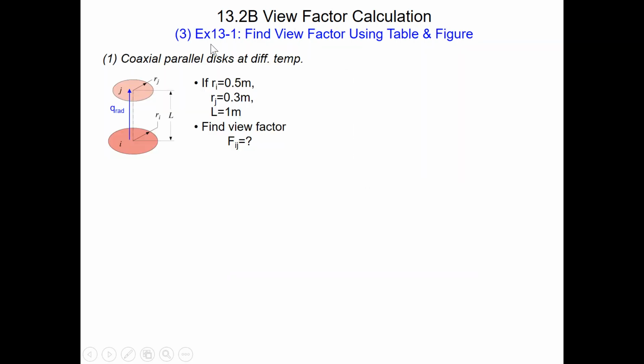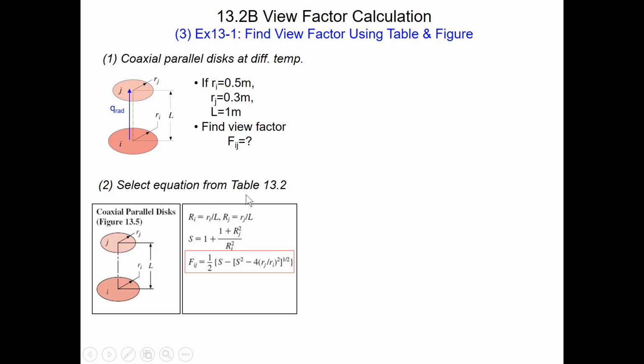Now let's use example 13-1 to show how to find a view factor by using table and figure. First, there are coaxial parallel discs at different temperatures Ti and Tj. Therefore, there is a radiation heat flow. That's the reason we're interested in finding view factor F between surface I and surface J. We know the radius for both discs and the distance between them.